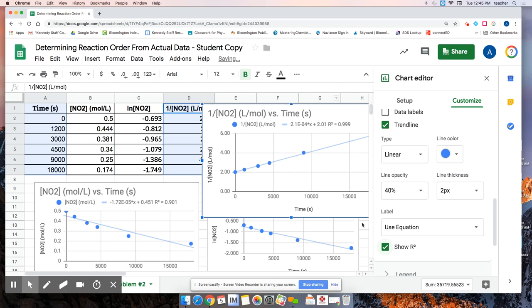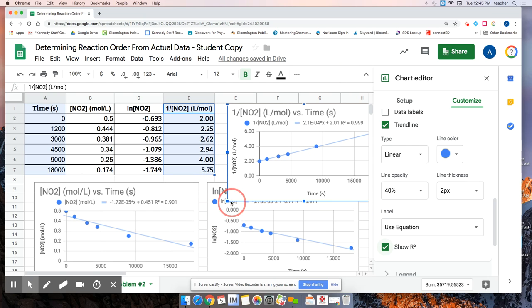So if I'm comparing my 3 charts here, I can see that of the 3, 1 over concentration versus time is the most linear. So I'm going to look back at my notes, and when my linear graph is 1 over concentration versus time, I know that this is a second order reaction.